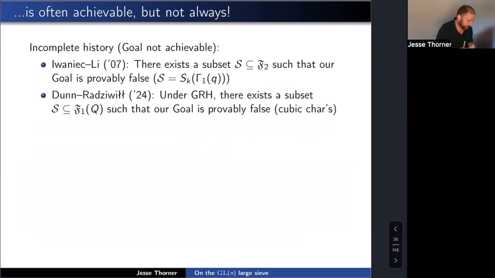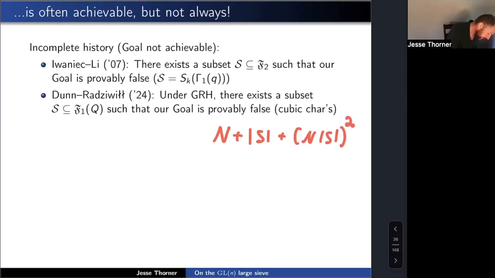This was studied by Roger Heath-Brown, and in addition to the N plus the size of the family, there is also a term that was kind of like N plus size of the family plus N times size of the family to the 2/3.